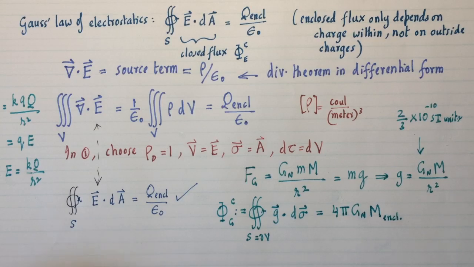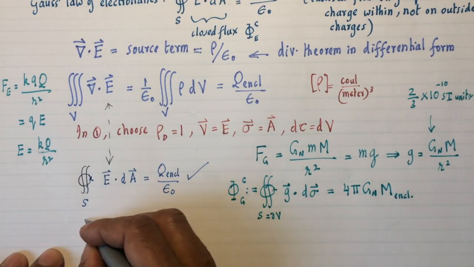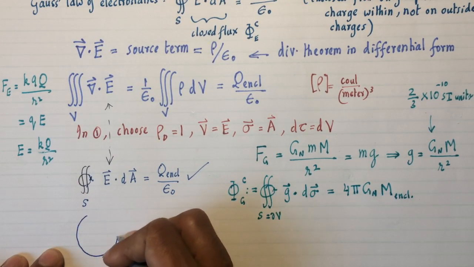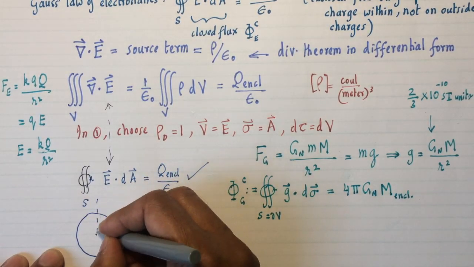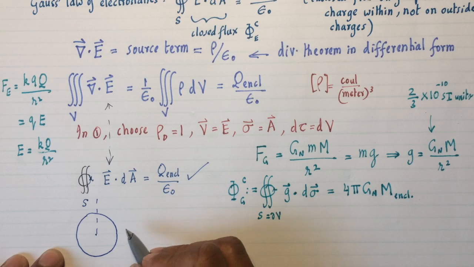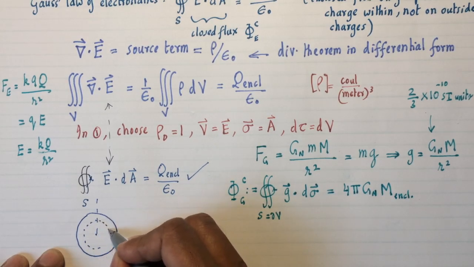Let's actually use this as an example to figure out what the gravitational field would be inside the Earth. That's a classic problem in university physics for electric field, but we'll do the same thing for gravity field, because gravity field is less taught at the undergraduate curriculum. So I'll write this as r.